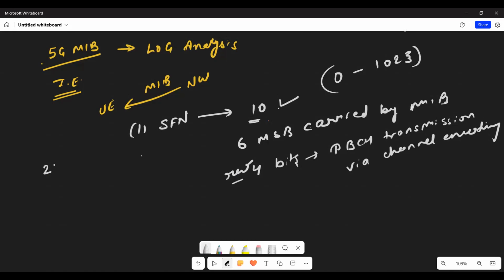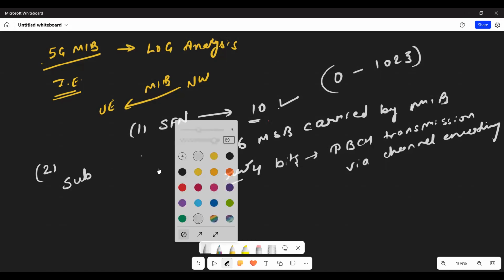Now, the second thing in the MIB, right? The second thing we have is subcarrier spacing common. So I'll write it here.